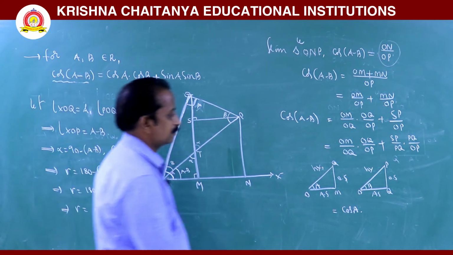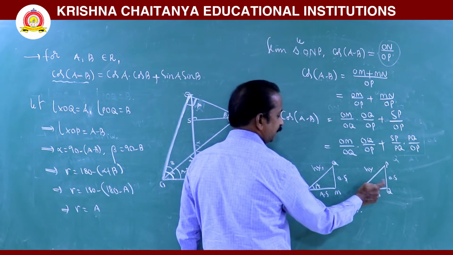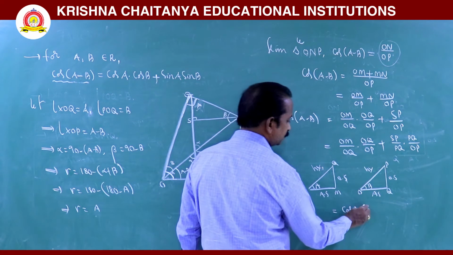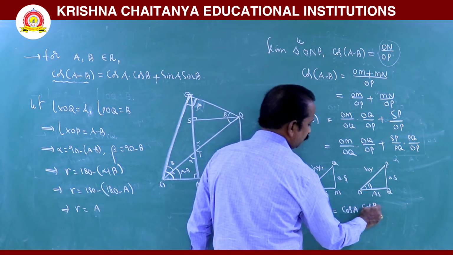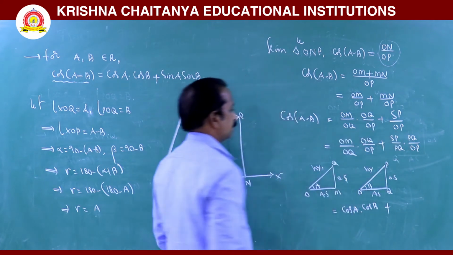What we need is OQ by OP. So in the right angle triangle, adjacent side to hypotenuse gives us cosine. So cos B plus SP by PQ.